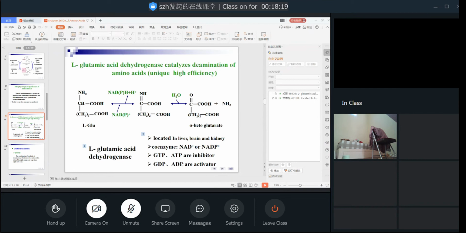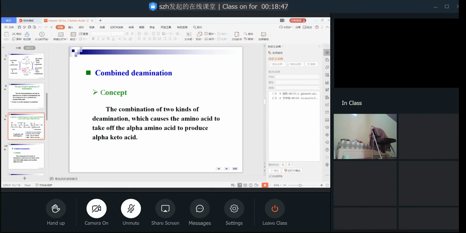But GTP and ATP are the inhibitors, because the produced alpha ketoglutarate can enter the citric acid cycle, be oxidized thoroughly, and release energy.